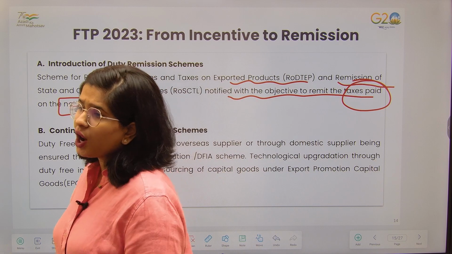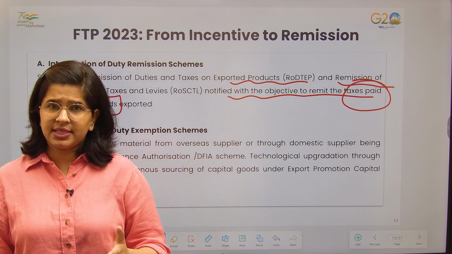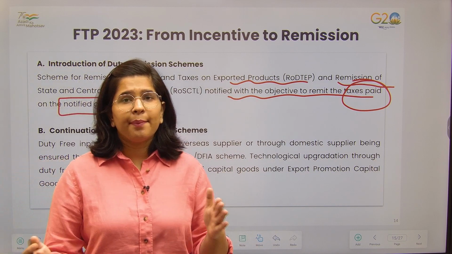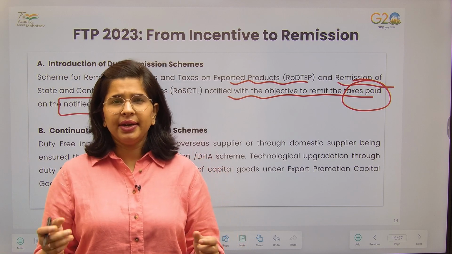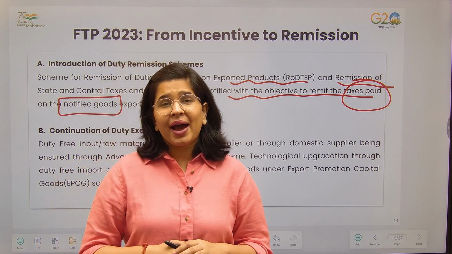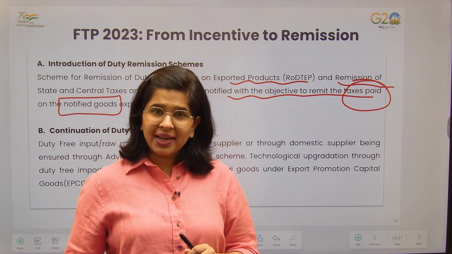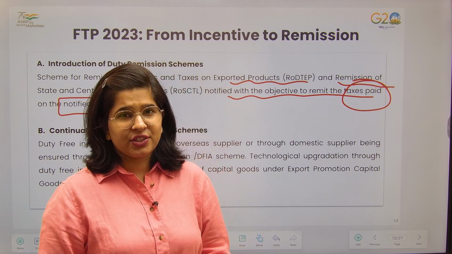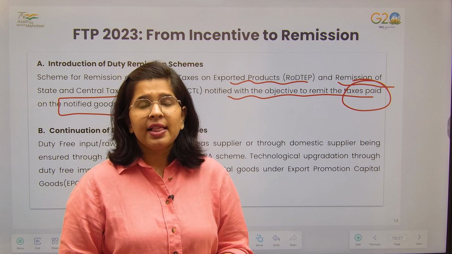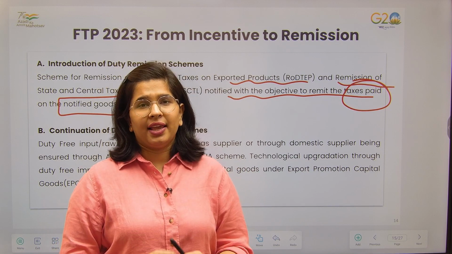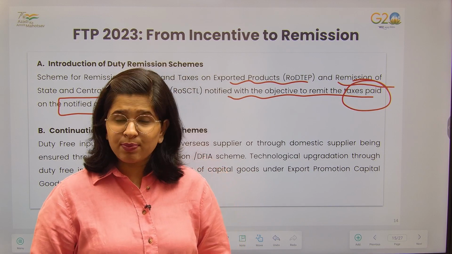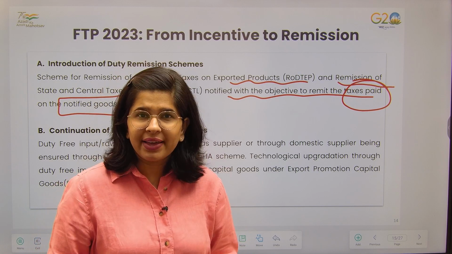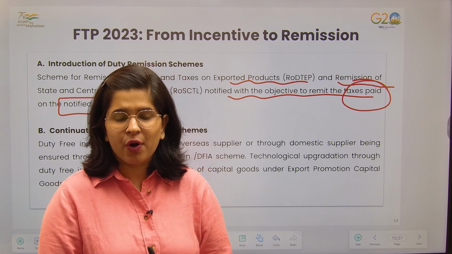Non-elastic means we cannot reduce our imports considerably, and that is why our balance of trade is a little bit twisted. Correct? We might have to take money out of our pockets to pay foreign currency, foreign exchange debts, right? So for that, the government wants our exporters to do exceptionally well and to be able to earn foreign currency.